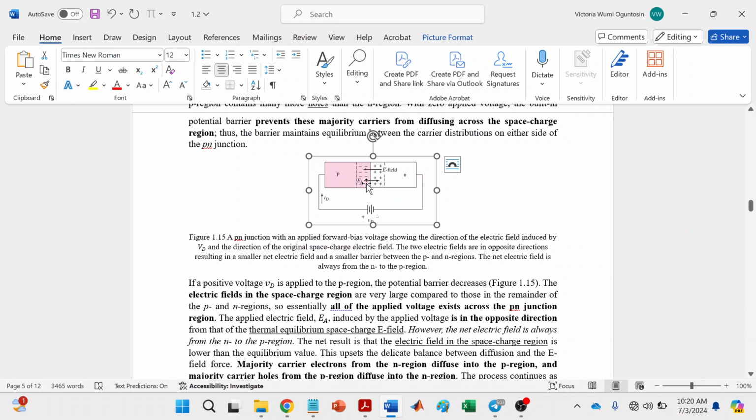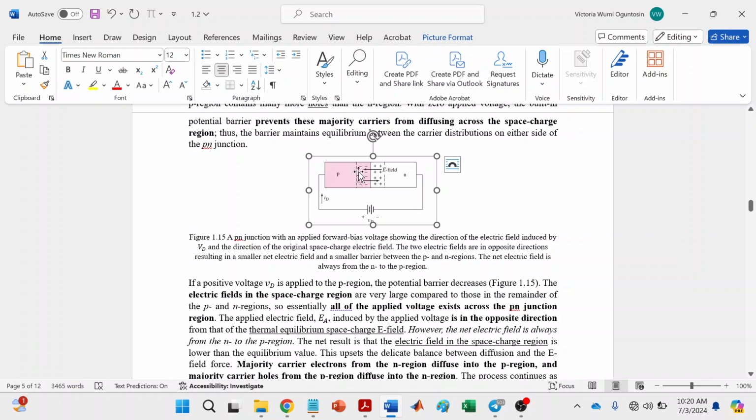So all of the applied voltage exists across the space charge region. So the applied electric field that is induced by the forward biased voltage is in the opposite direction from that of the thermal equilibrium space charge electric field.